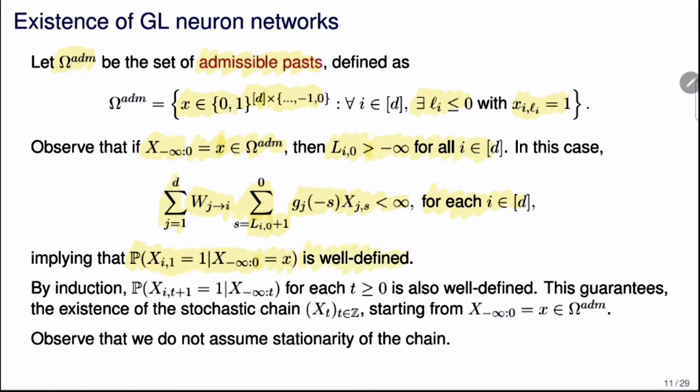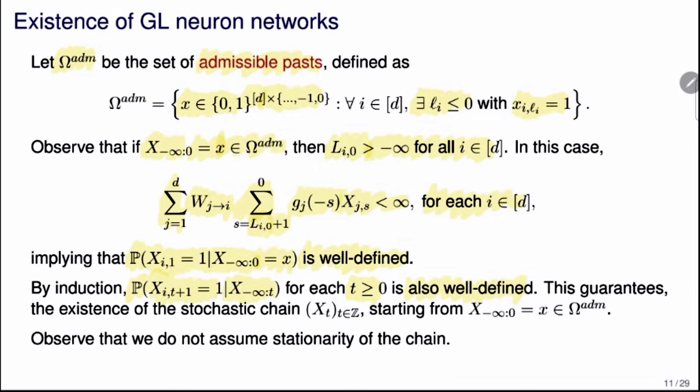And then by induction, we can show that for each time t larger than or equal to 0, the probability that X_i(t+1) is equal to 1 given the corresponding path of the network up to the time t is also well defined. And since these conditional probabilities are well defined for t larger or equal than 0, we can build the GL neural network step by step by using the fact that at each step, the neurons update independently.